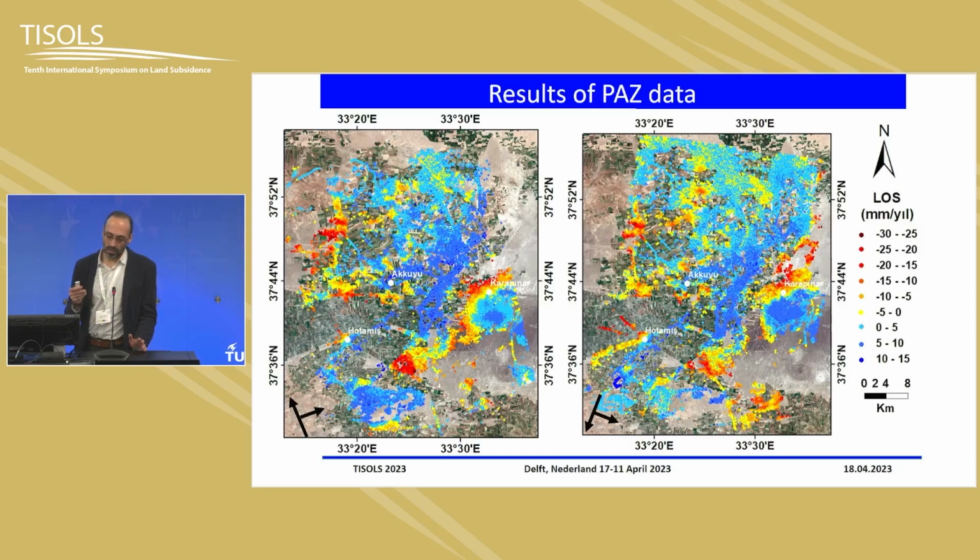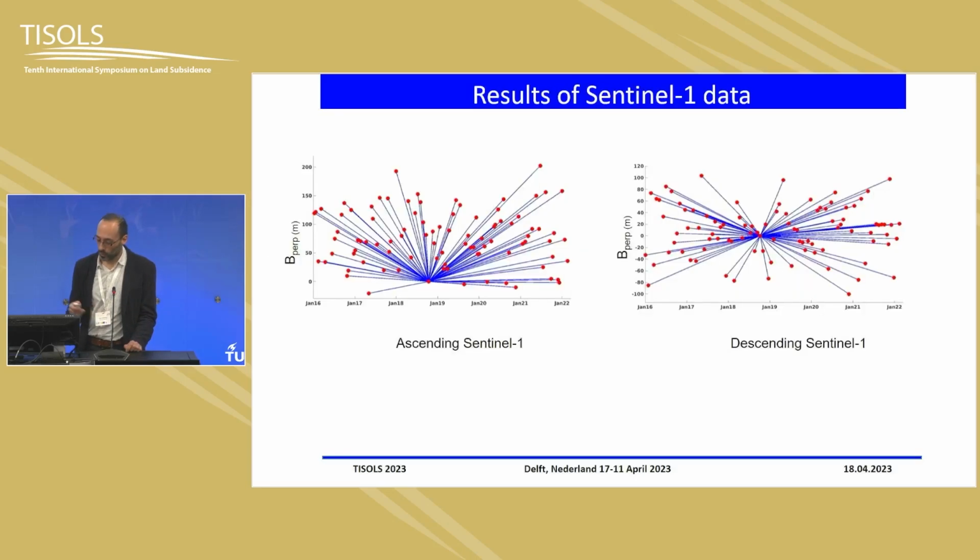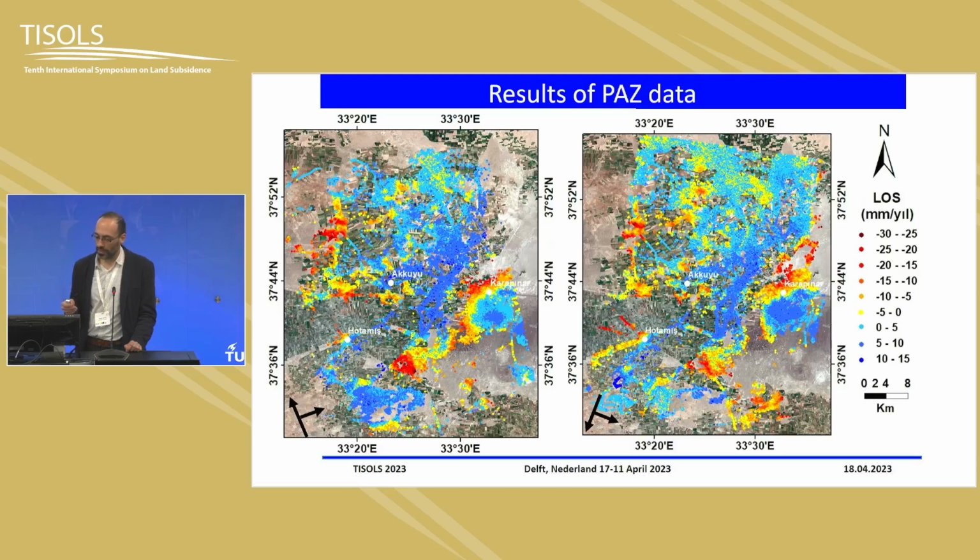The affected cities are Karapınar, the biggest city in this part, and Akkuyu and Hotamış, which are smaller cities. Mostly we can see the displacements over the cities and also the bare lands. We don't see this signal over the agricultural parts because there are decorrelations over this region.